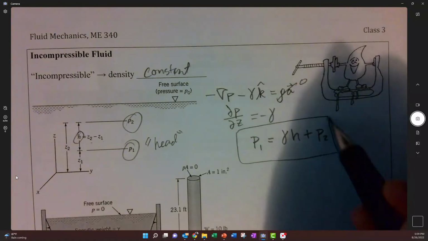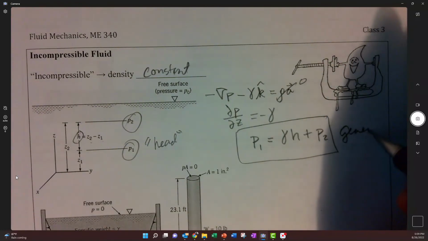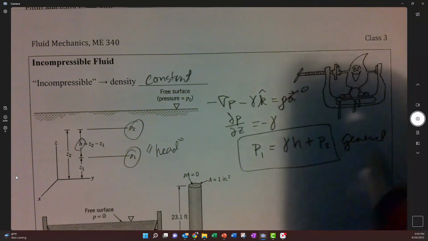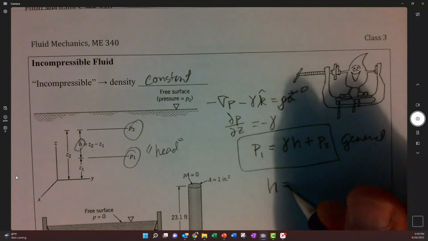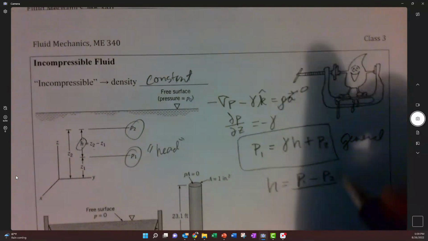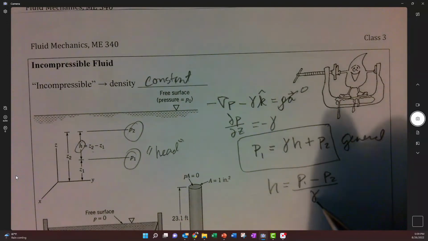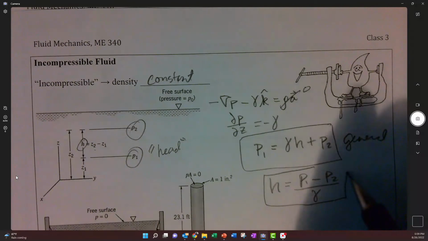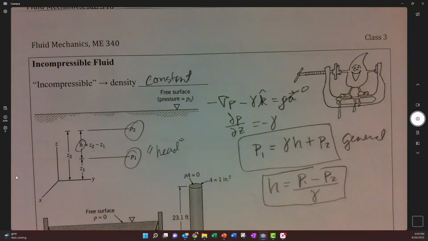So this is really the general practical equation that we're going to use for many things. And if we want to define head, we would just say it's the difference in pressure between two places divided by the specific weight. And head is often measured in feet, but it could be meters and other things.